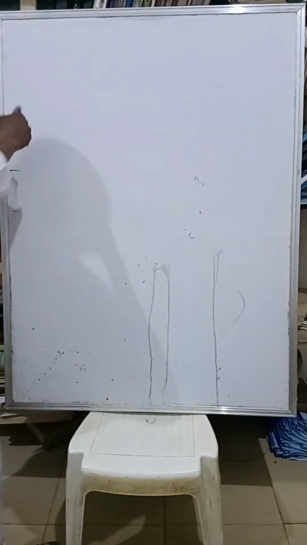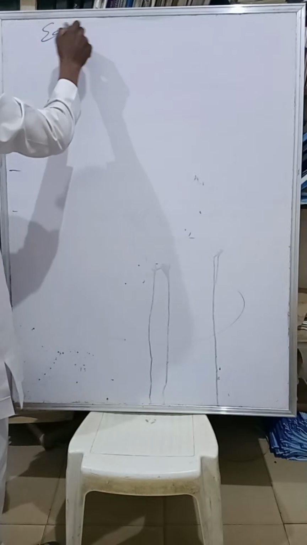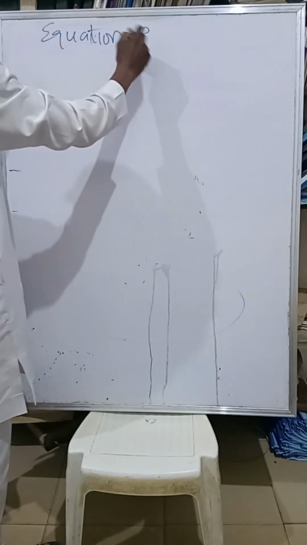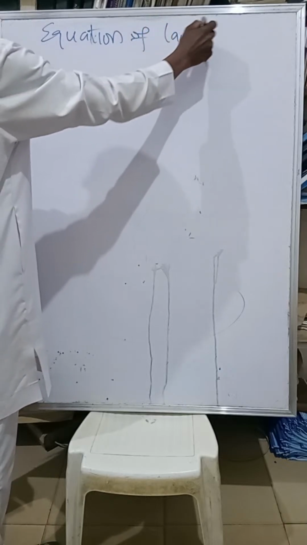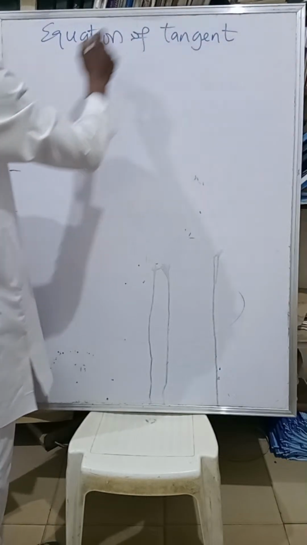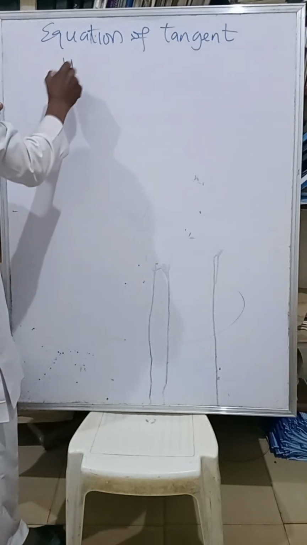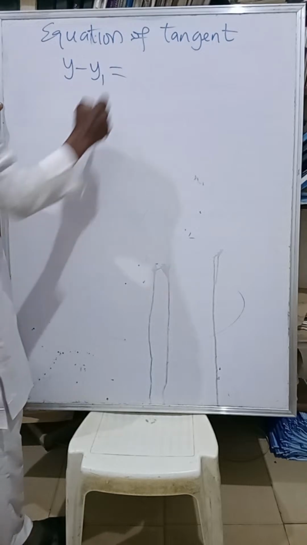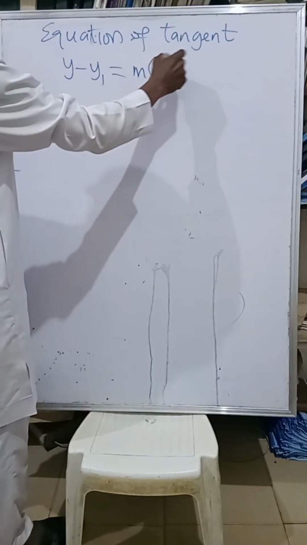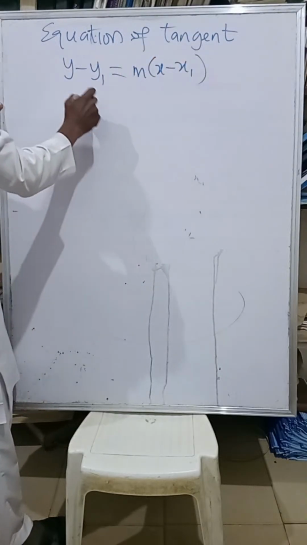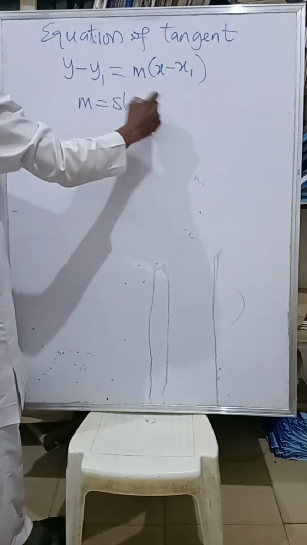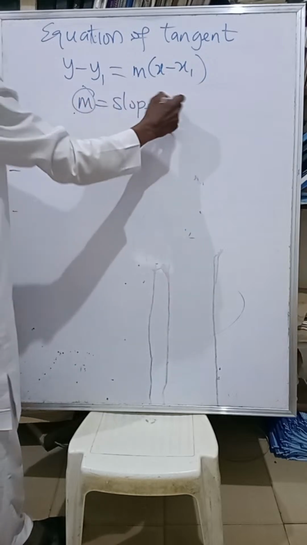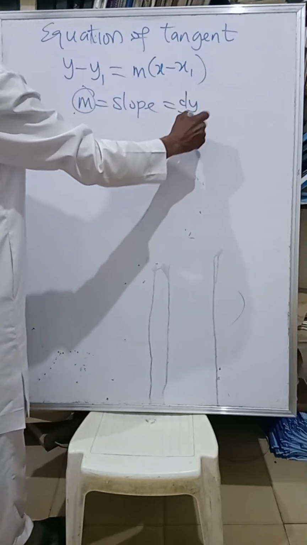What we said about equations of tangents. The equation of a tangent is this equation using the point slope form, where m is the gradient or the slope, and we are using calculus to get the slope, which is dy/dx.